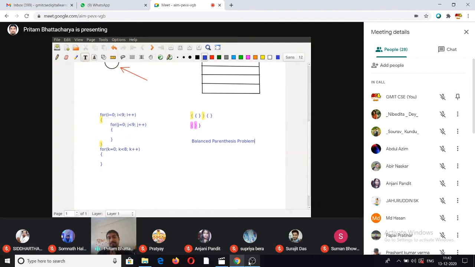There are basically two restrictions, two things that you need to follow. Number one is, I'll introduce one small notation. I'll use hash of opening to count the number of opening braces.